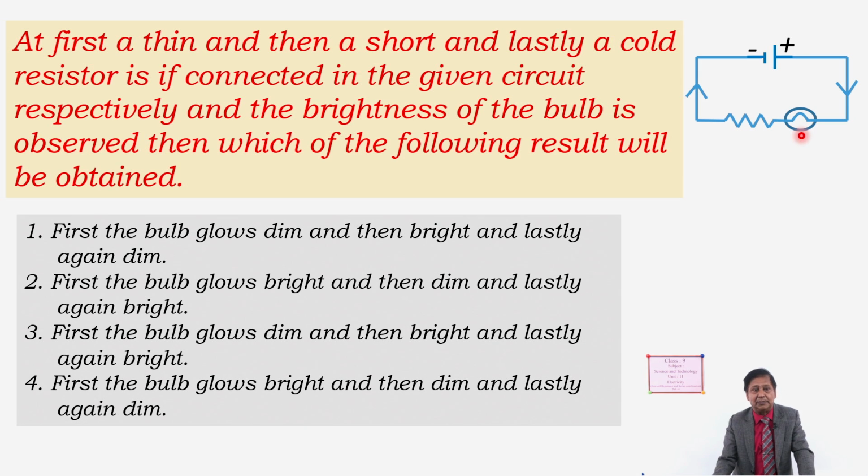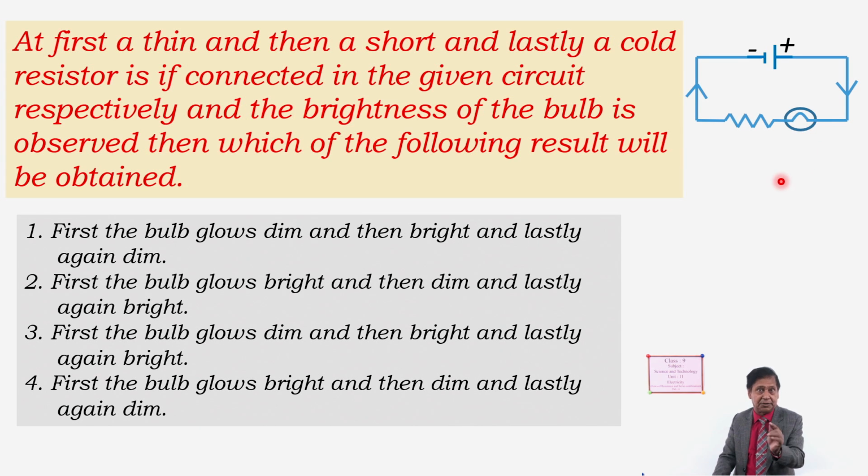Now, what will be the result among these four options? When thin is used, then certainly the glow of the bulb will be dim because a thin wire has high resistance, a thick wire has less resistance, and when thin is used, it means high resistance. That's why the glow of the bulb will be dim.